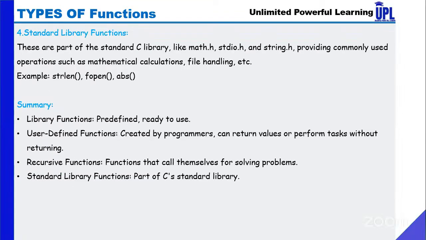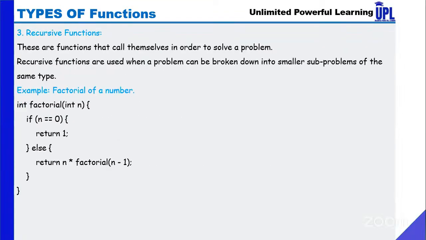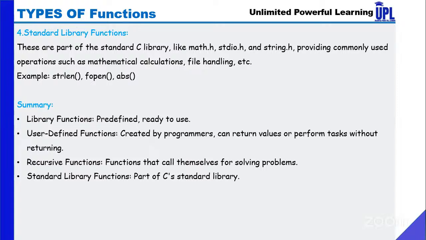Another important thing: there are standard library functions, like string length and fopen, which we can use. Simple predefined functions are there. If you need an additional library, you can include it and start using it. That is called standard library functions.